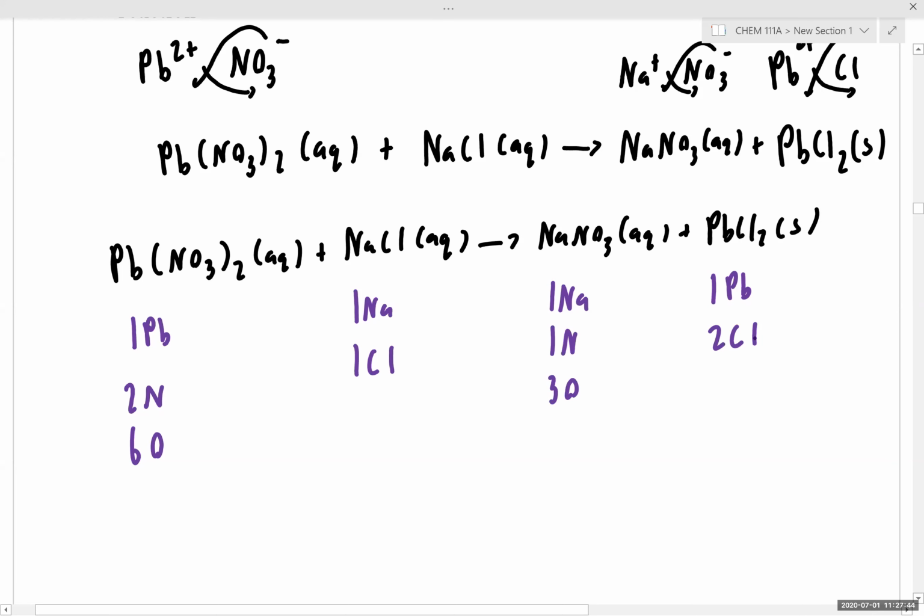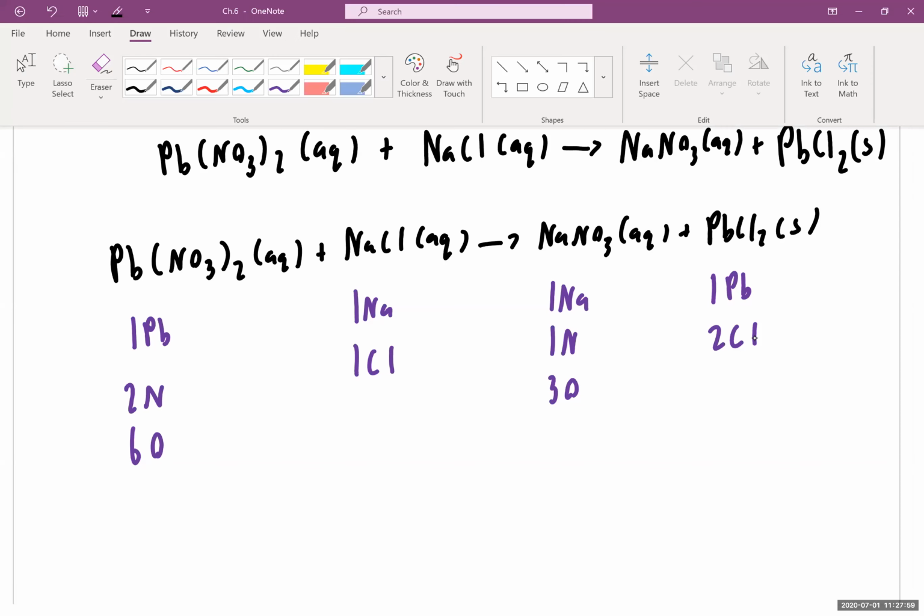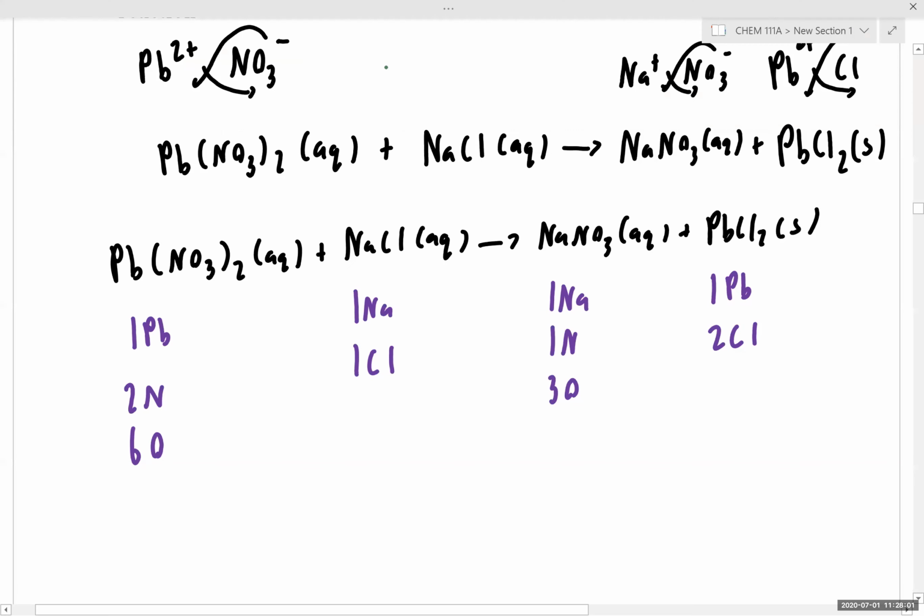Okay, so looking at this equation, which elements are not balanced?